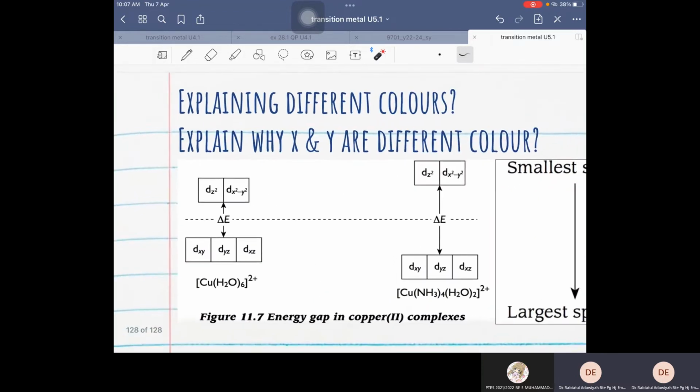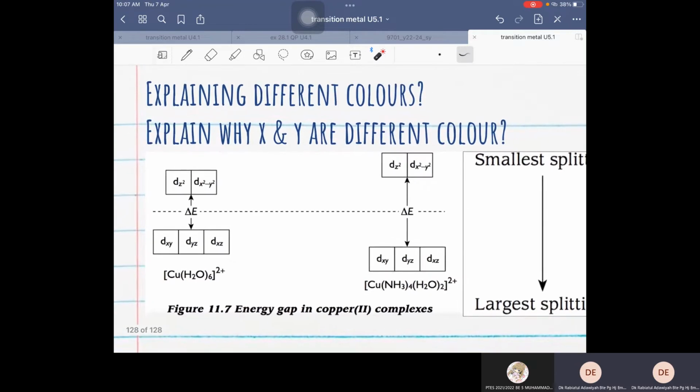So if the question asks, explain why Fe2 plus is green, Fe3 plus is orange, that means, sorry, that's not ligand. Sorry. Explain why copper 2 plus is a blue solution and copper with 4 chloride ligands is a yellow solution.